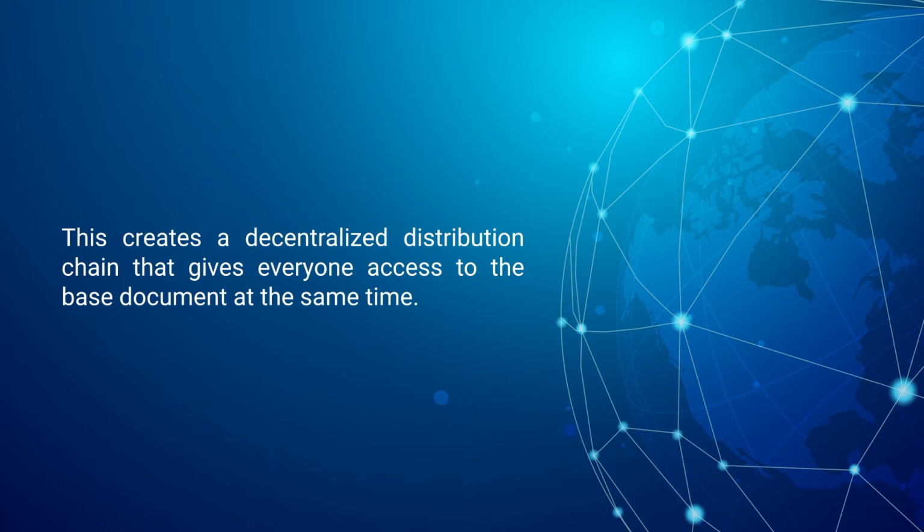This creates a decentralized distribution chain that gives everyone access to a base document at the same time. No one is locked out awaiting changes from another party, while all modifications to the document are being recorded in real time, making changes completely transparent.